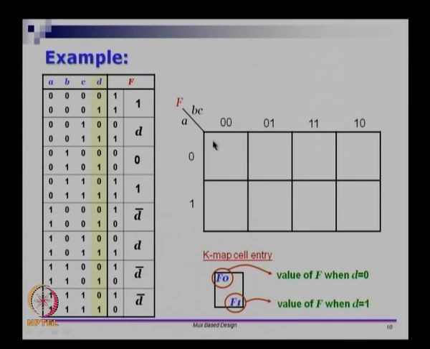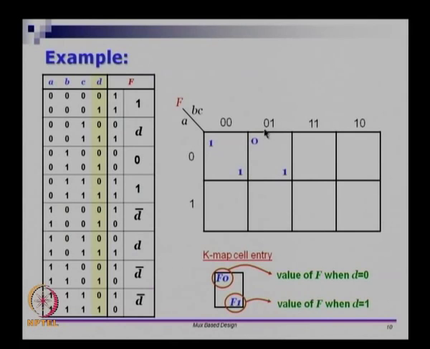So when A is 0, B is 0 and C is 0, for d equal to 0 whatever it is, I am going to put at the left top, and when d equal to 1 I am going to put it at the right bottom. So that will be 1 and 1. So these are the two values. This is for d equal to 0, this is for d equal to 1. I am going to do the same thing for the other cells also.